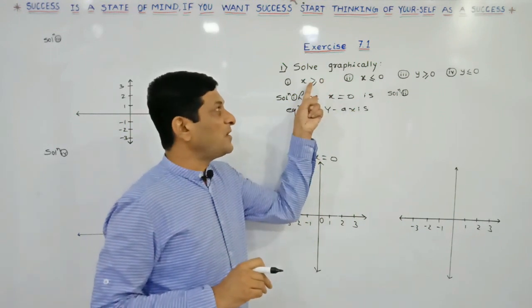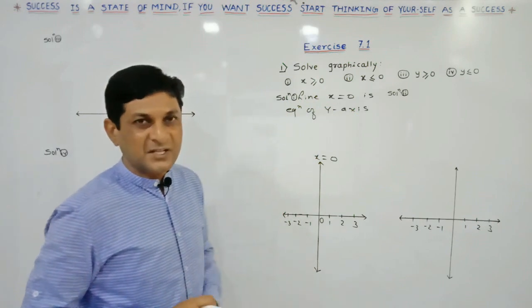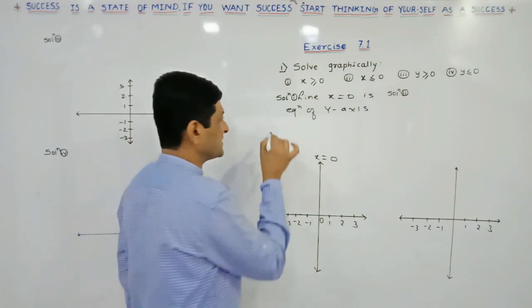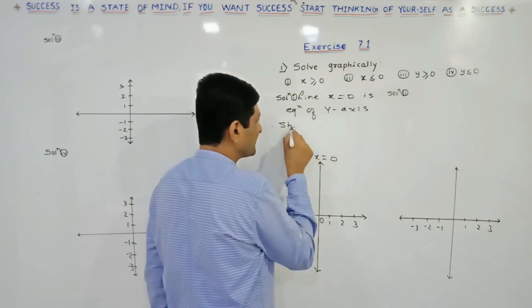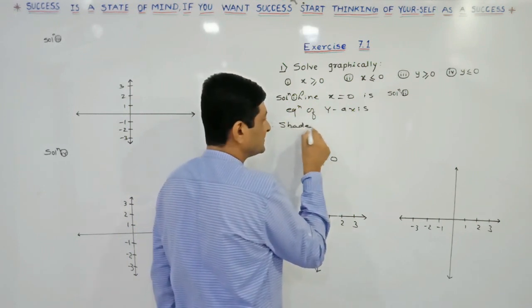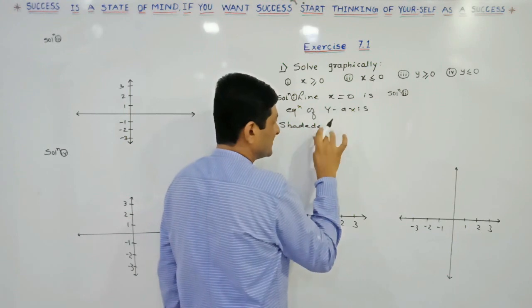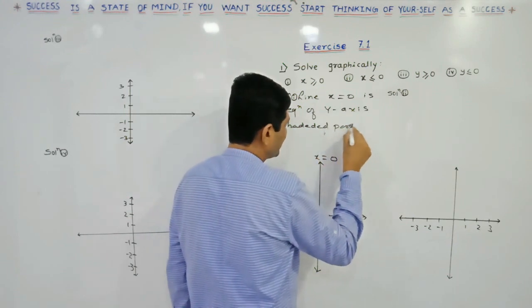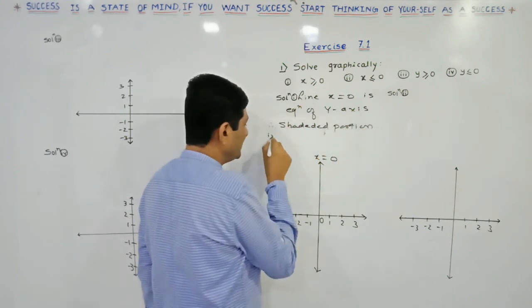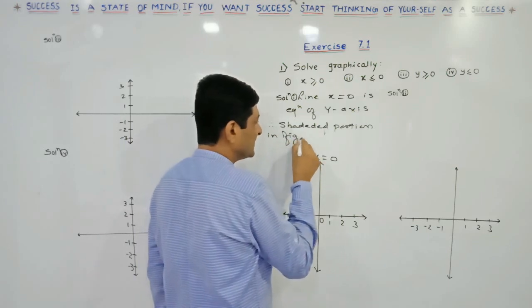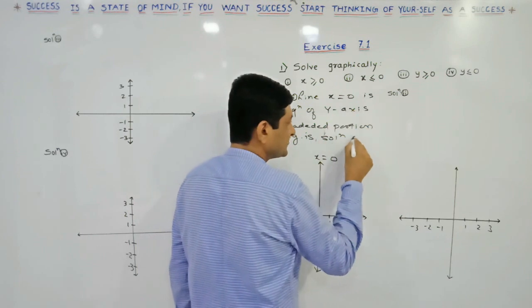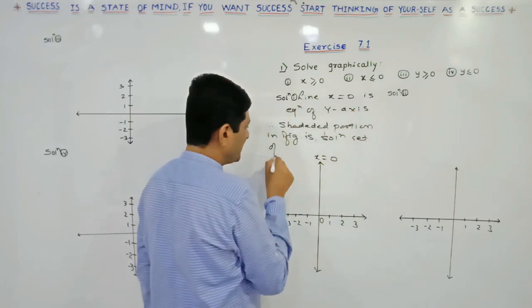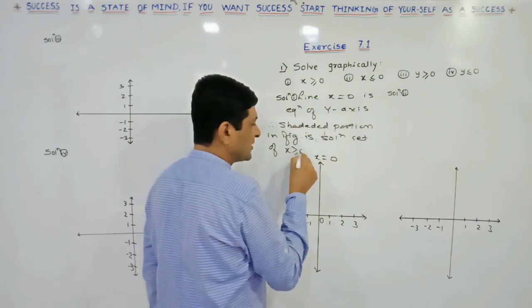It depends on this inequality. So using this inequality, let us try to find the solution set. Therefore the shaded portion in the figure is the solution set of x is greater than or equals to 0.